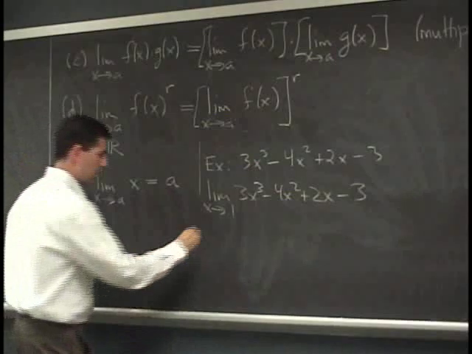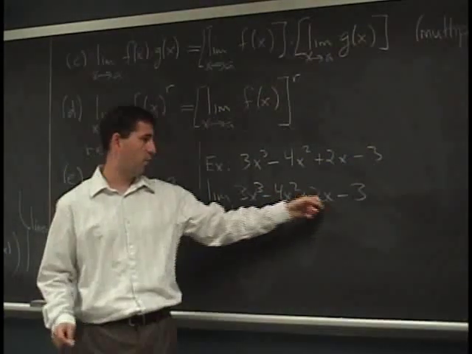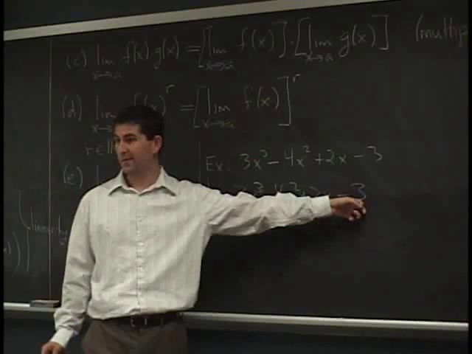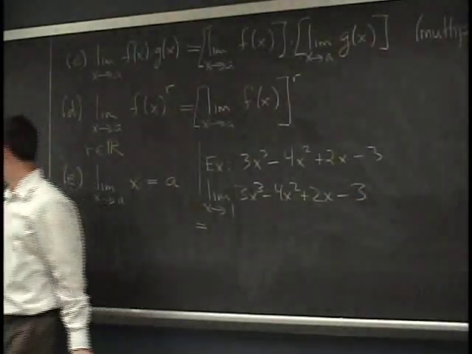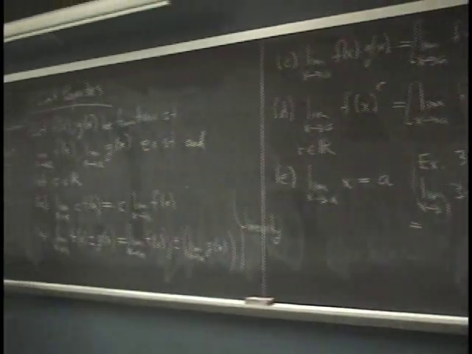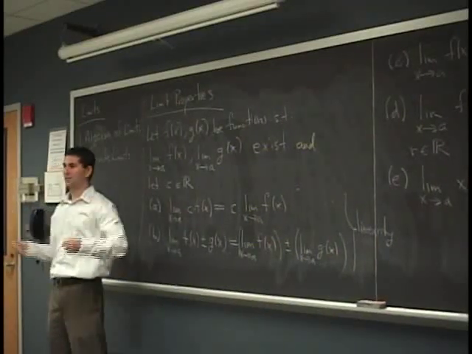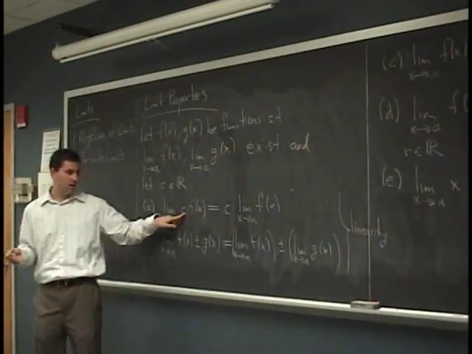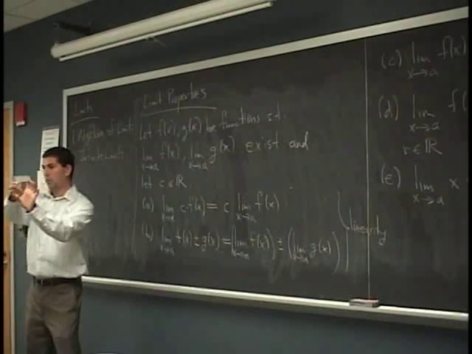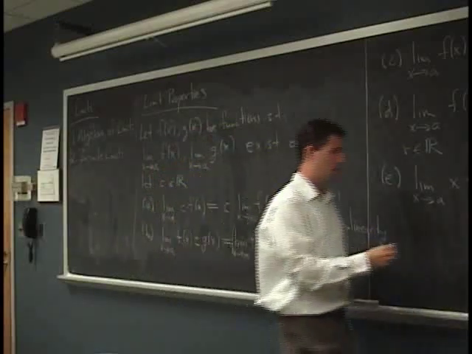Okay, so, if we use property B, then we know that we can break this limit up into 4 different limits. That just says anytime you have a sum, you can break the limit of that sum up into 2 different pieces. You just have to use this 3 times to break it up into 4 different pieces. And then property A says anytime you have a constant, you can pull it out in front of the limit. So let's do that.